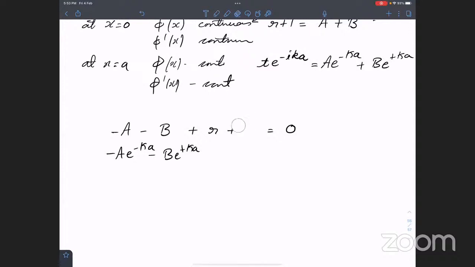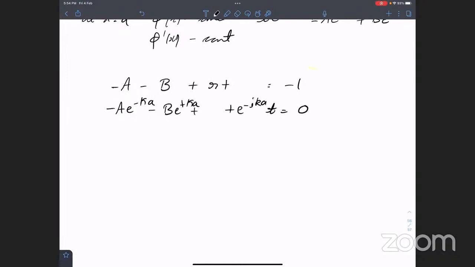Sorry, my mistake here, this 1 will keep on the other side. Like this. So I'm getting simultaneous linear equations in a, b, r, and t.